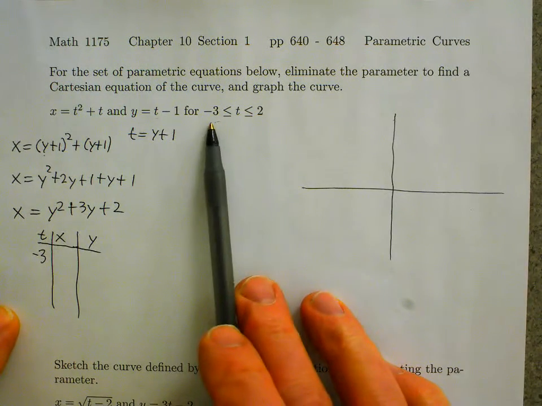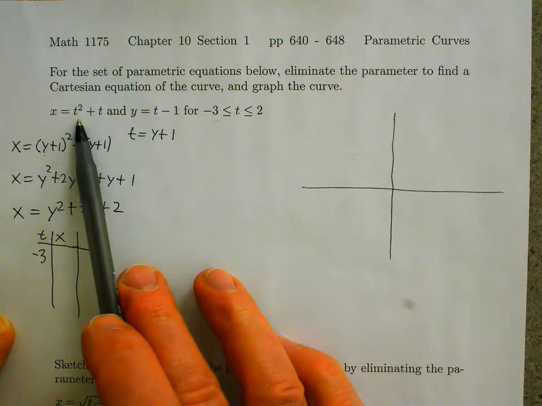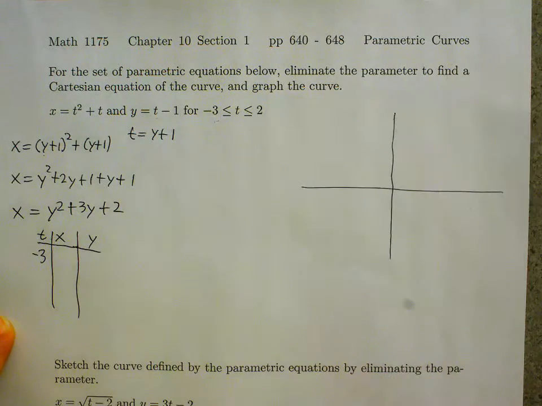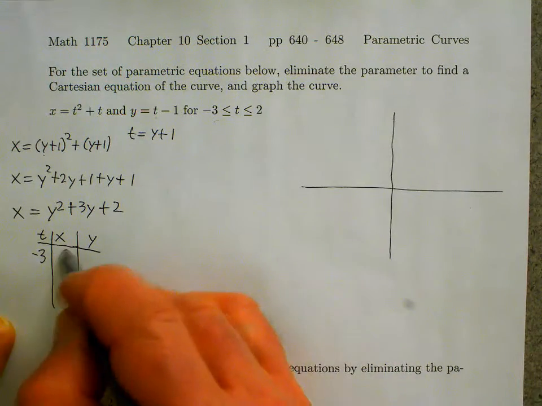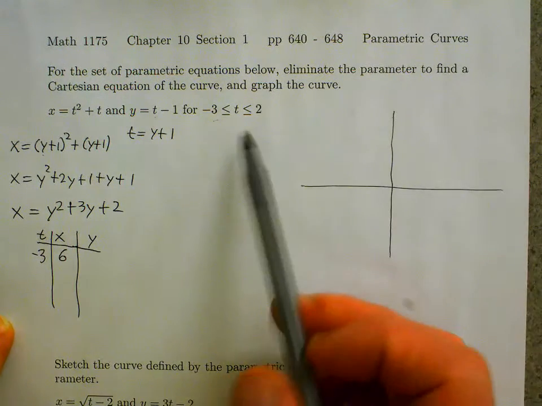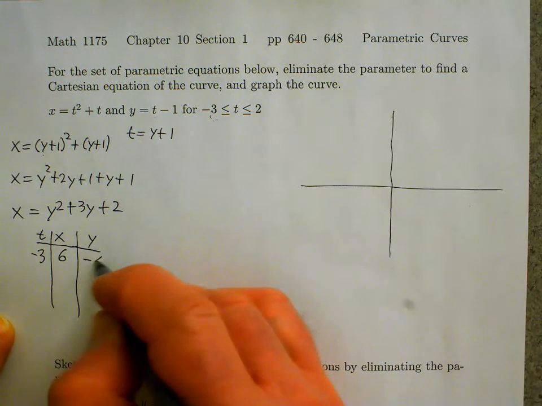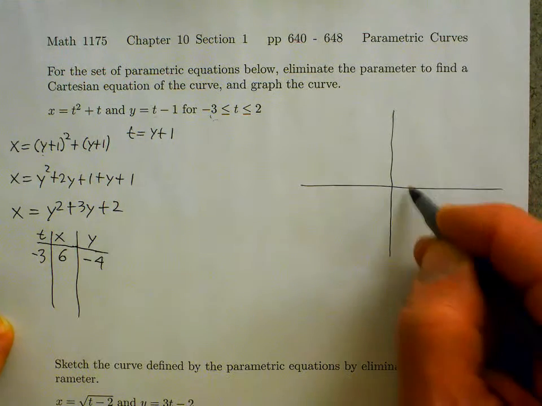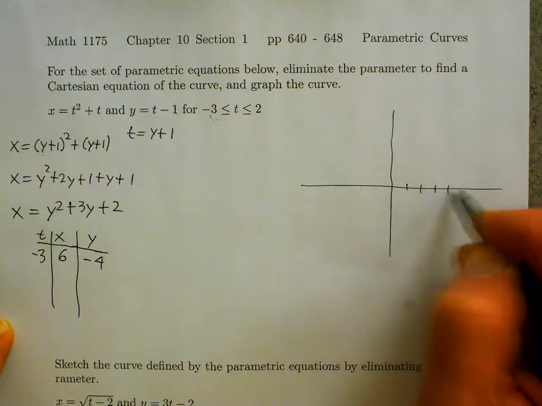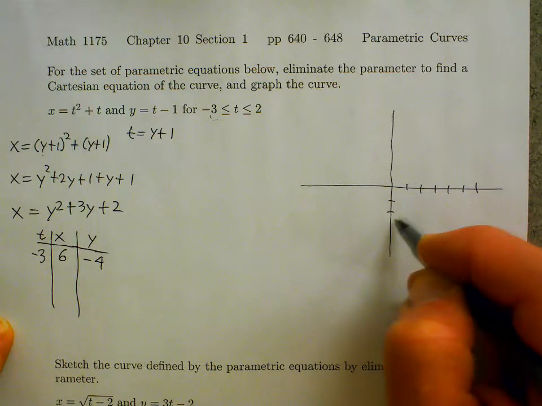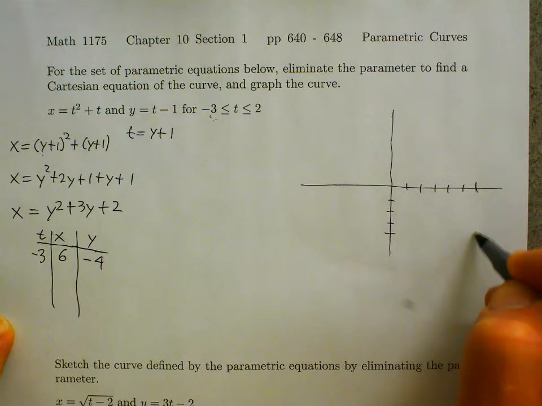When t is -3, the x coordinate is 6. And the y coordinate is -4. This is our initial point.